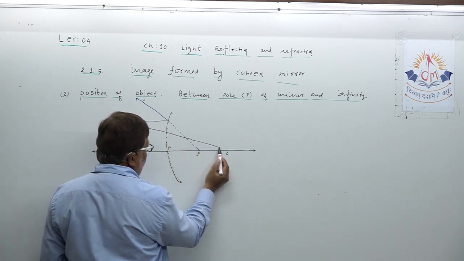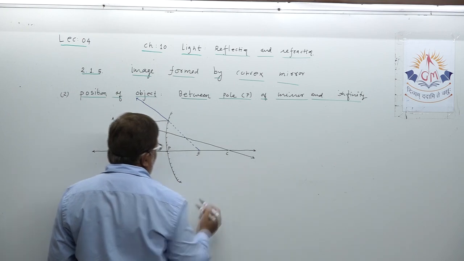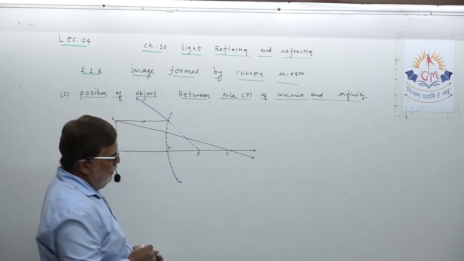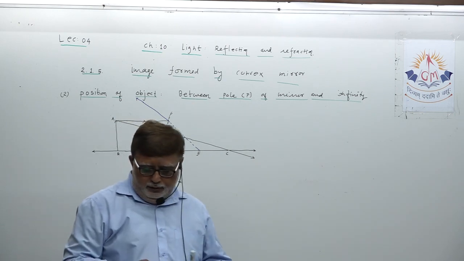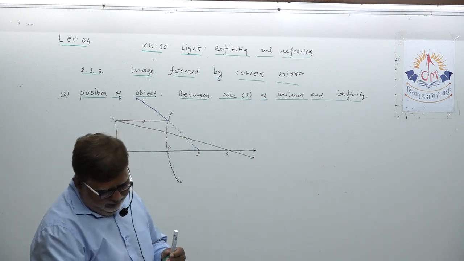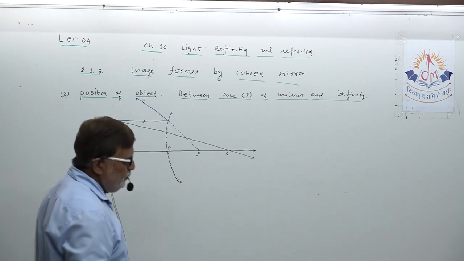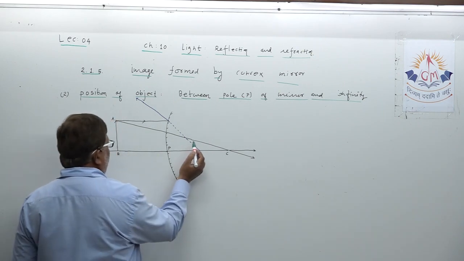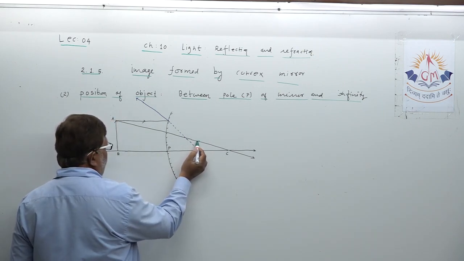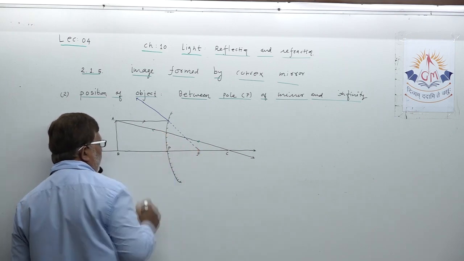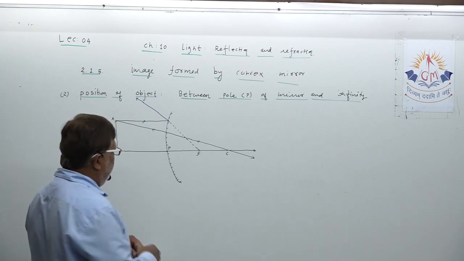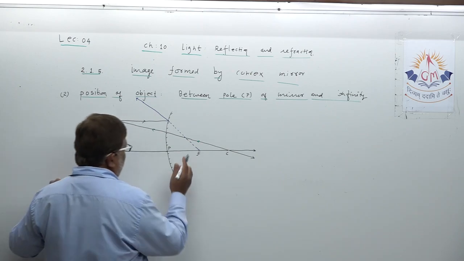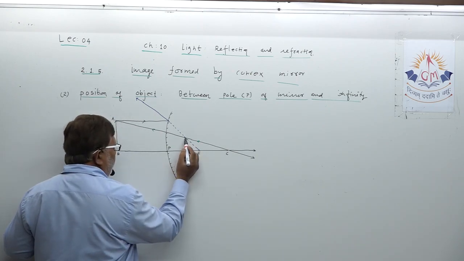Directly you have to show the ray this way, and when the ray passes through the center of curvature, it reflects in the same direction. Both the rays seem to be meeting here, and here forms the image.